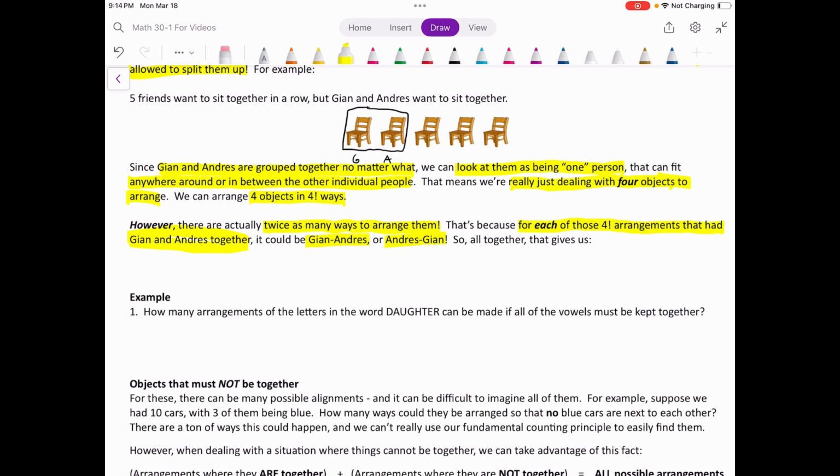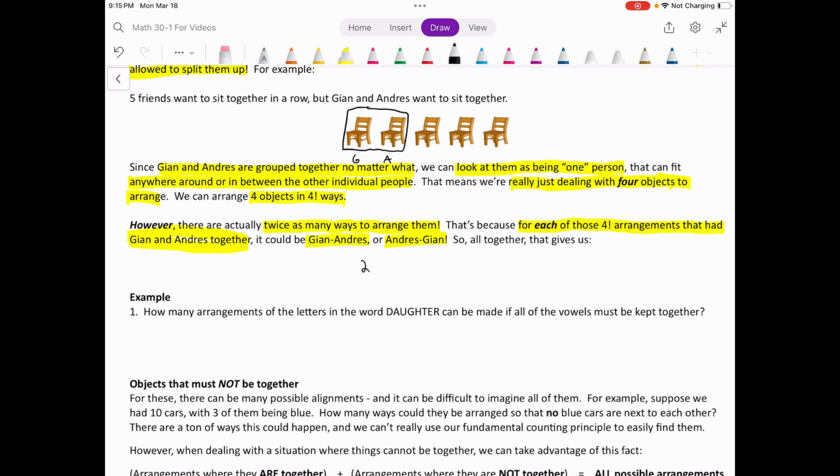It didn't say Andreas had to be on the left or Gian had to be on the left, right? So yes, we could do all the 4 factorial ways to arrange these 4 objects, but then we actually have twice as many because we could do it all over again by switching these 2 around. And that does give us a different arrangement. So altogether, it's just 2 factorial times 4 factorial. There's 2 factorial ways to arrange Gian and Andreas, and then there's 4 factorial ways to arrange that group within the 4 quote-unquote objects that we essentially have.